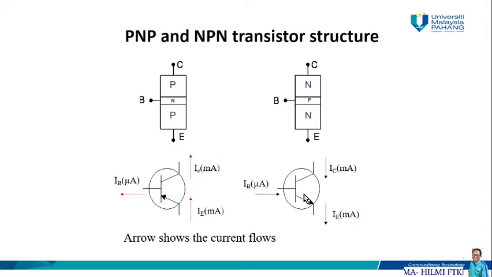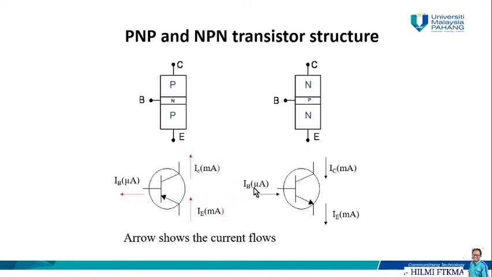towards the transistor and IE flows outward from the transistor. So similarly, KCL is still satisfied, where IC plus IB is equal to IE. If you look at the unit here, you are going to see that the unit for IB is in microamperes.